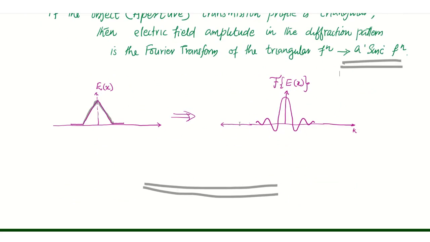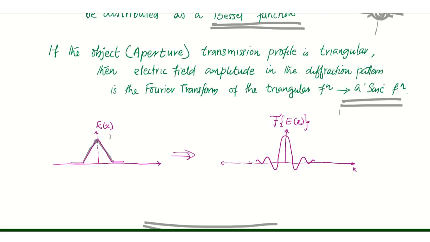Then you may have a question, how could we make a triangular aperture? Again it's going to be a top hat profile, and therefore it's going to be a sinc square function.